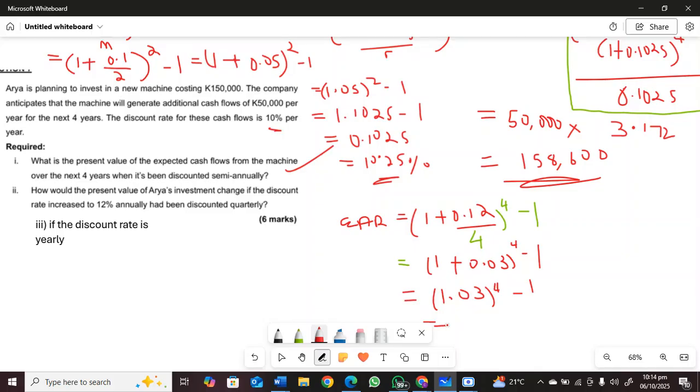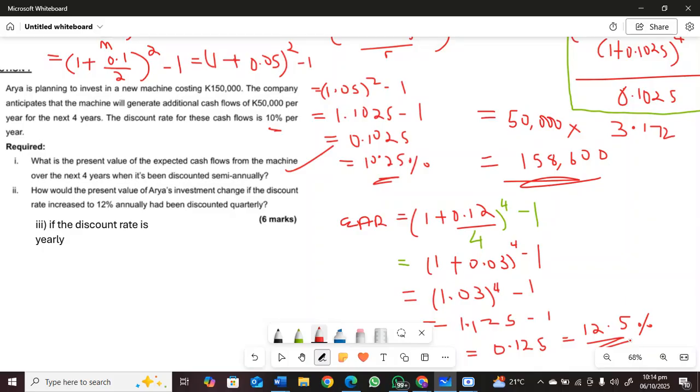Let me get my calculator. 1.03 to the power of 4 is 1.125, minus 1, it is 0.125, which gives us 12.5%.